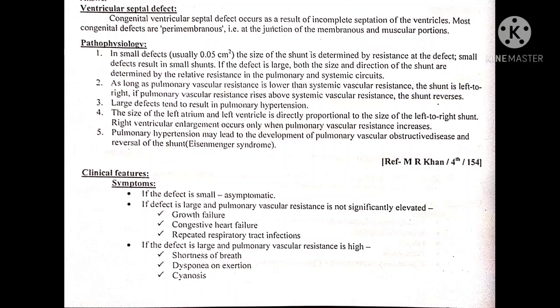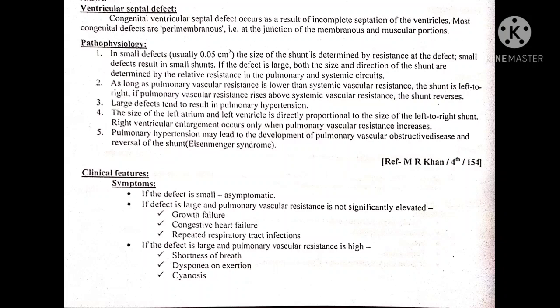If the defect is large and pulmonary vascular resistance is high, then shortness of breath, dyspnea or difficulty on exertion, and cyanosis may occur.